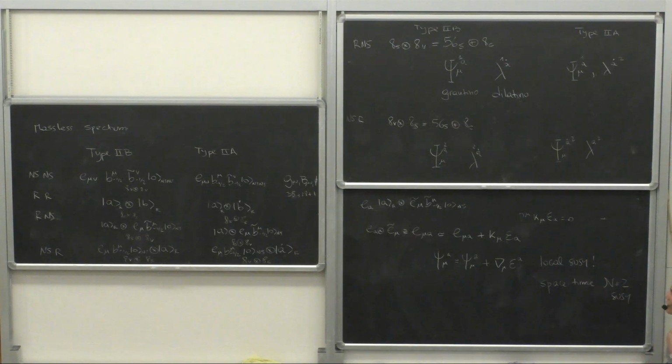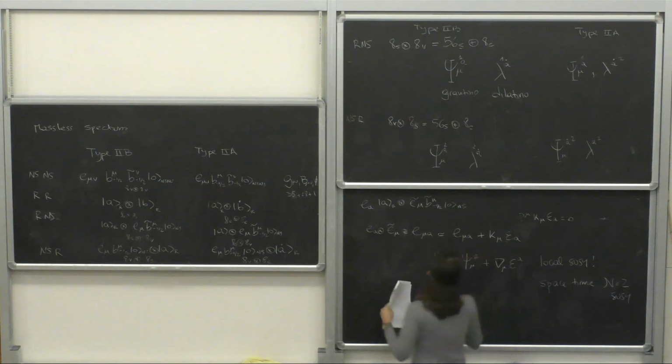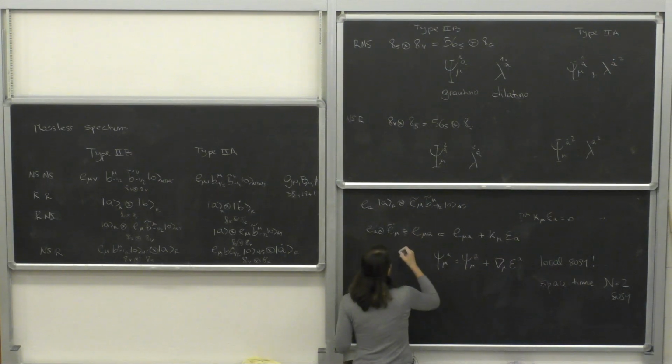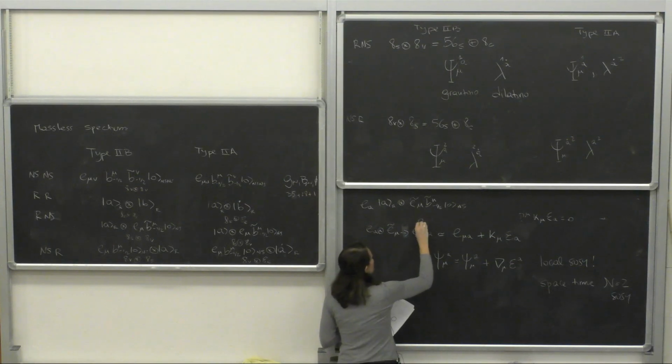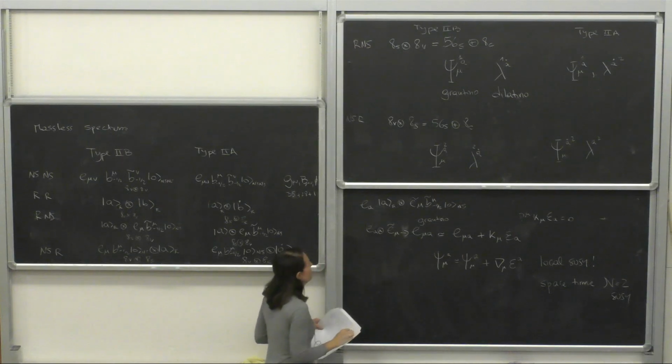Why do you choose an equal sign? Is this E mu A? Yes, yeah, good. Sorry. So yeah, that's not a. Let me not put an equal sign. So this is a part of the gravitino. Yeah.